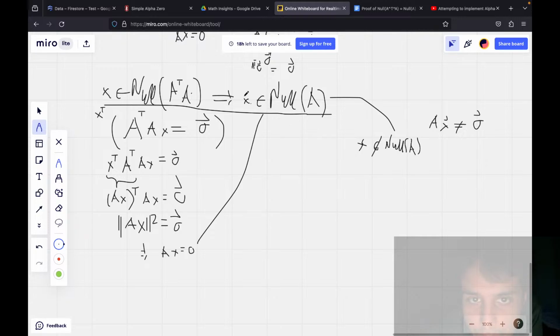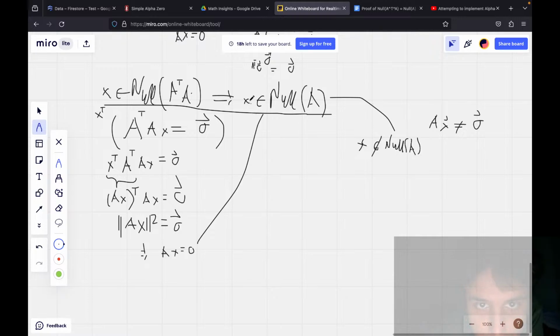So let's say that we can find such an x that is not in the null of A, and let's say that that same x is in the null of A^T A. Then we have a contradiction, because if this statement is true, then by virtue of this x being in null of A^T A, it's in the null of A, but that's a contradiction because we said x was not in the null of A. So that's what we're trying to do.